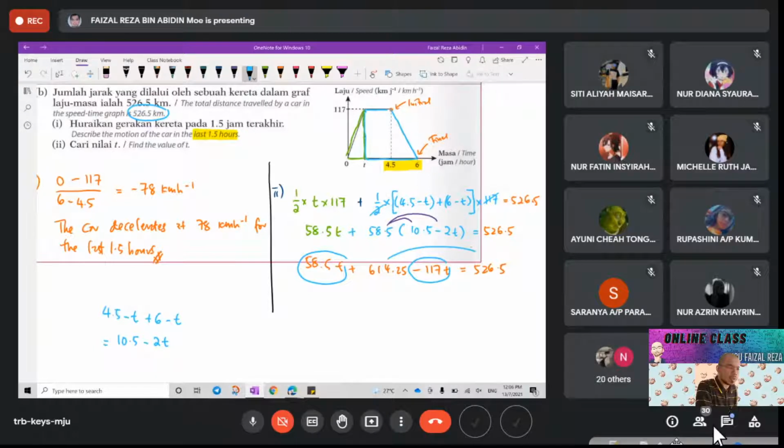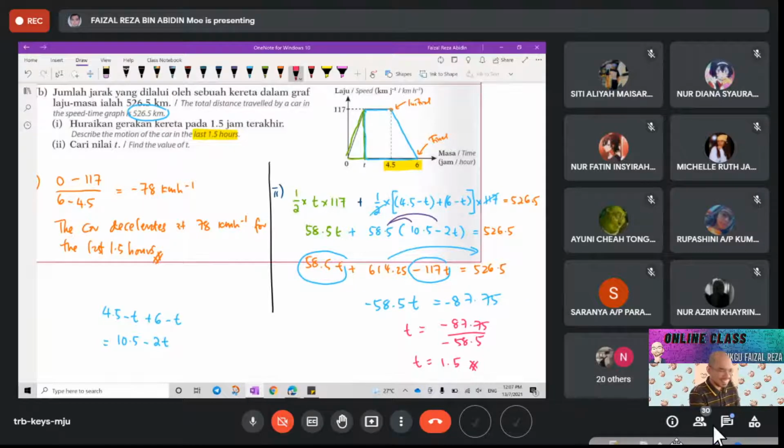This one I'm going to bring to the right, so 58.5 minus 117, I'm going to get negative 58.5t equals 526.5 minus 614.25, I'm going to get negative 87.75. So t is going to be negative 87.75 divided by negative 58.5, and t is going to be equal to 1.5 hours.